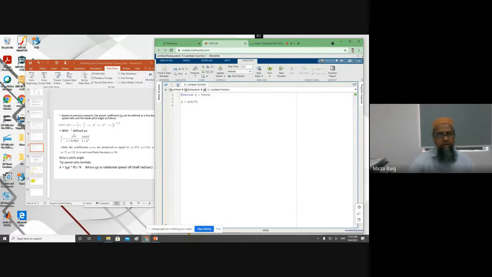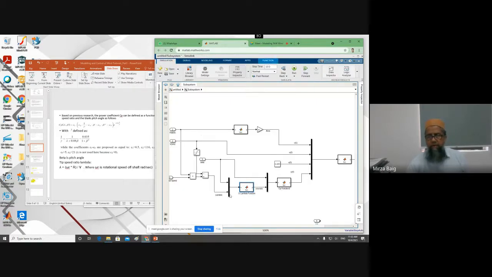1 over lambda is you have lambda plus beta, two of them. Which one is lambda? Which one is beta? This is beta. One is beta, two is lambda. Okay.